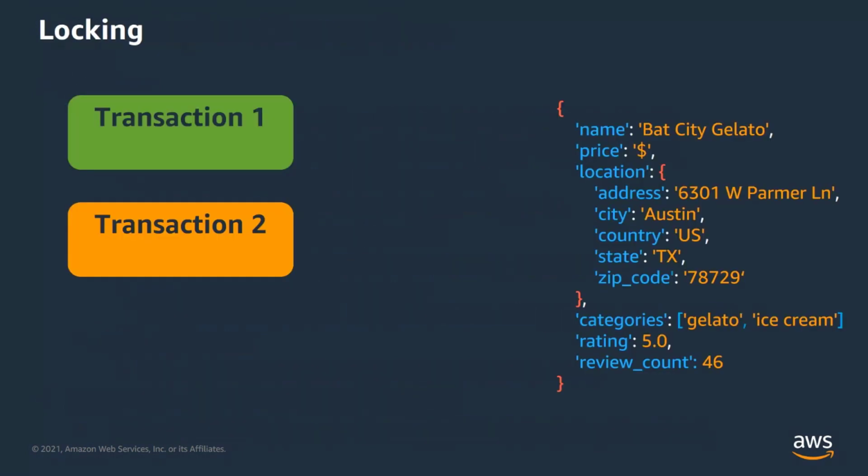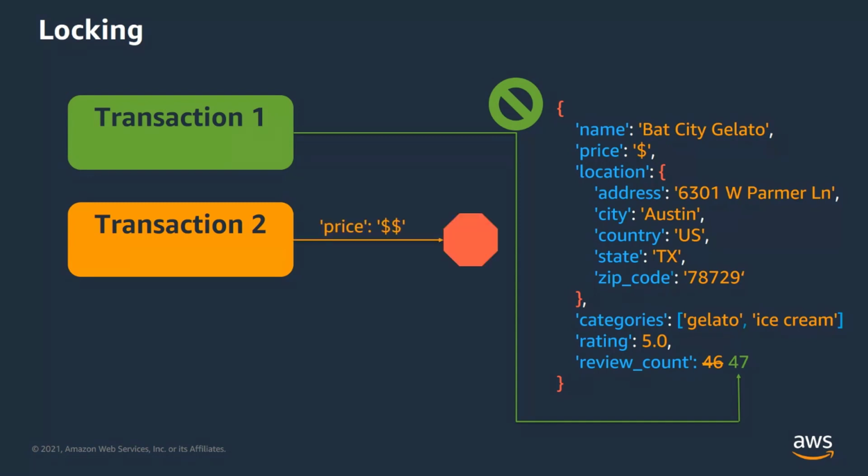So let's take a quick look at an example. We've got the same data model that we've been talking about. In transaction number 1, we're going to update that 47. The circle with the slash is supposed to represent that there's now a lock on this record. The transaction is still going on. Now transaction 2 comes along.